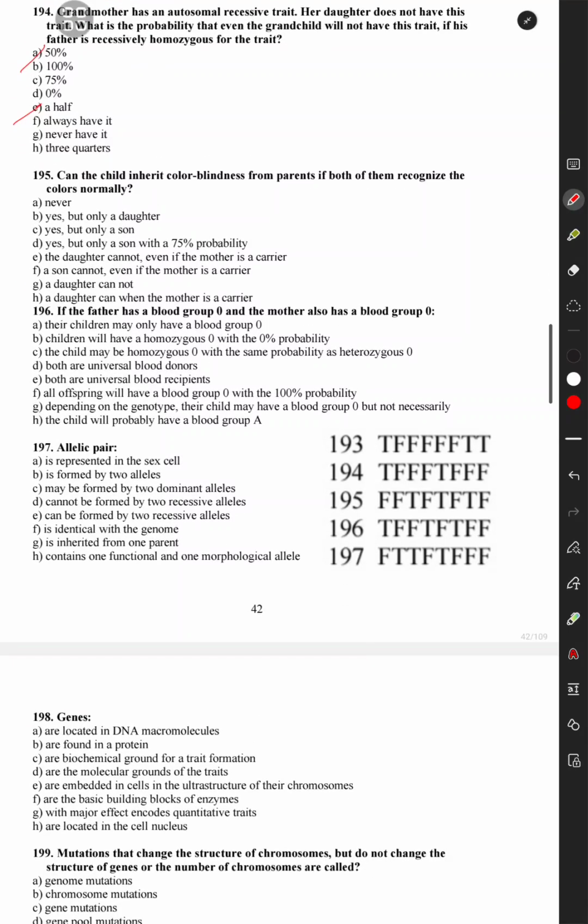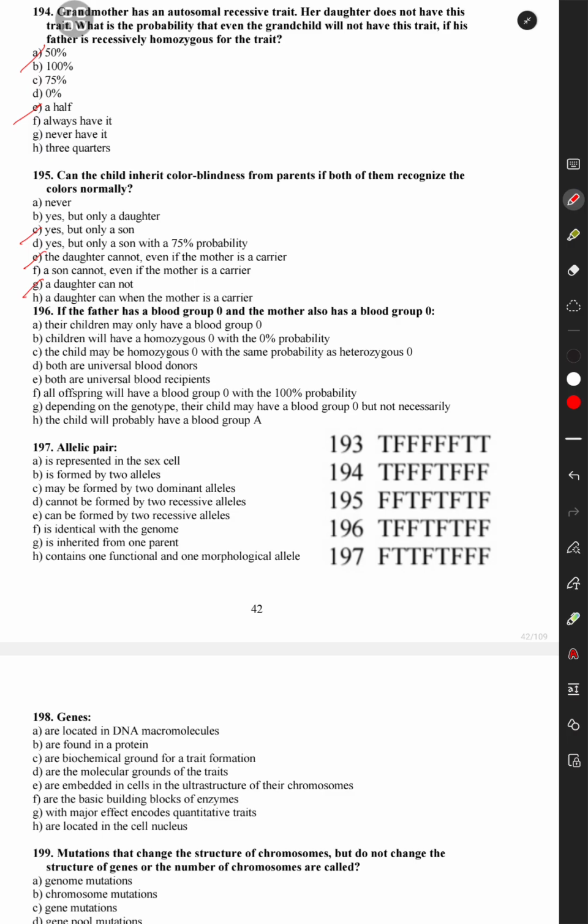Can the child inherit color blindness from the father if both of them recognize the colors normally? Yes, but only a son.